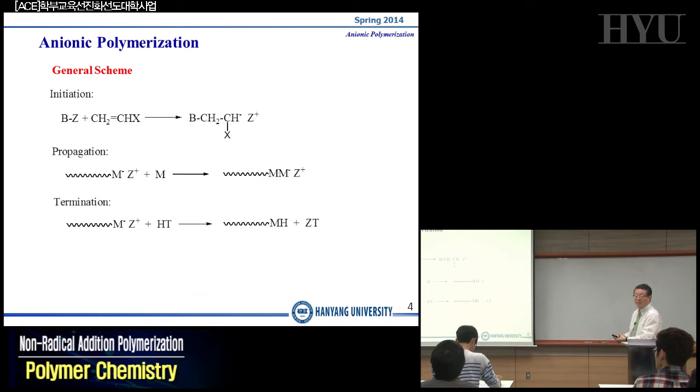B is a base, and G is a counter ion or Gegen ion. The base will attack the vinyl group, and you form the carbanion at the end of your chain, and you form a counter ion.